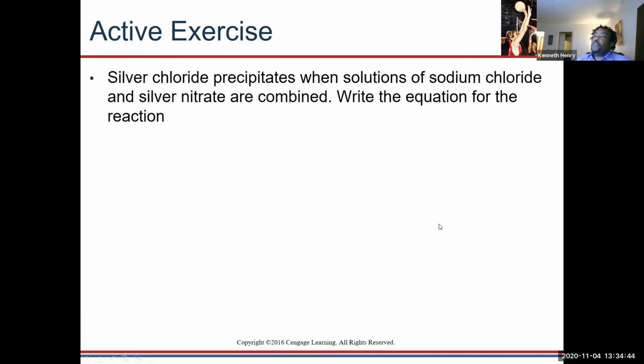Okay. Silver chloride precipitates when solutions of sodium chloride and silver nitrate are combined. Write the equation for the reaction. So, Brian, help me out with this.